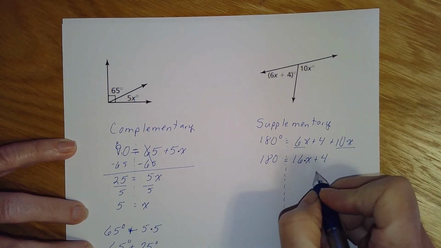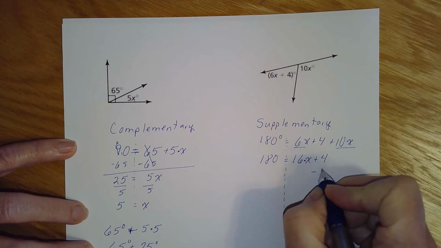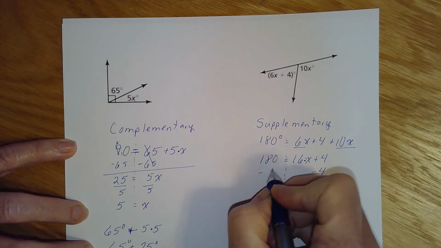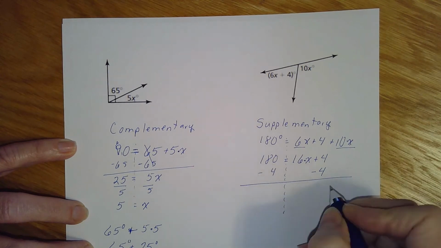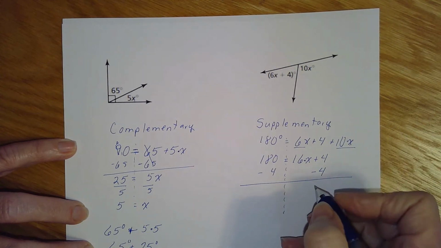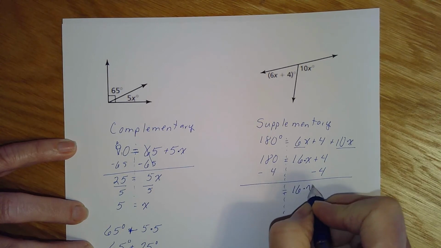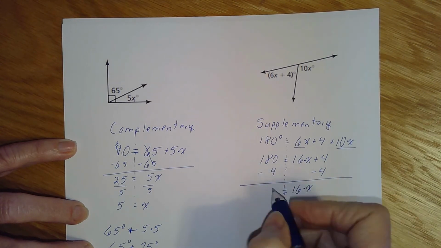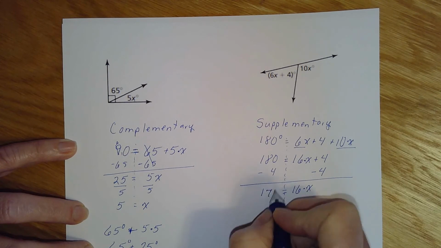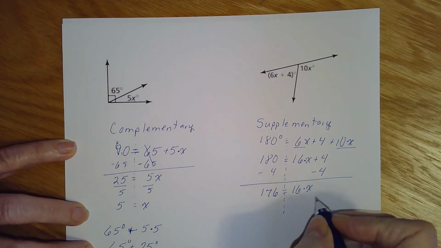We undo our addition or subtraction first, so I'm going to subtract 4 on both sides. This leaves me with 16 times x, and 180 minus 4 is 176. New equation.